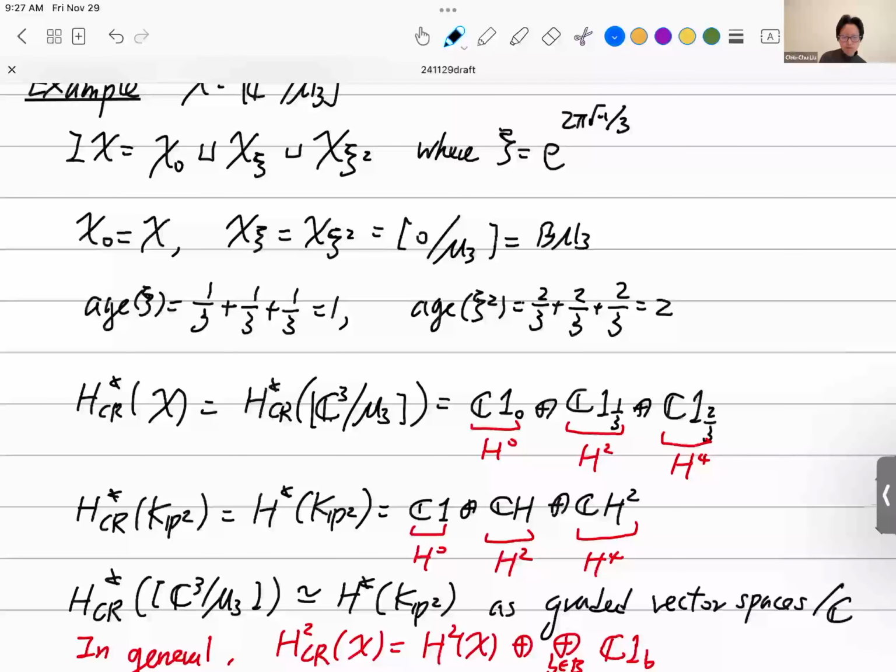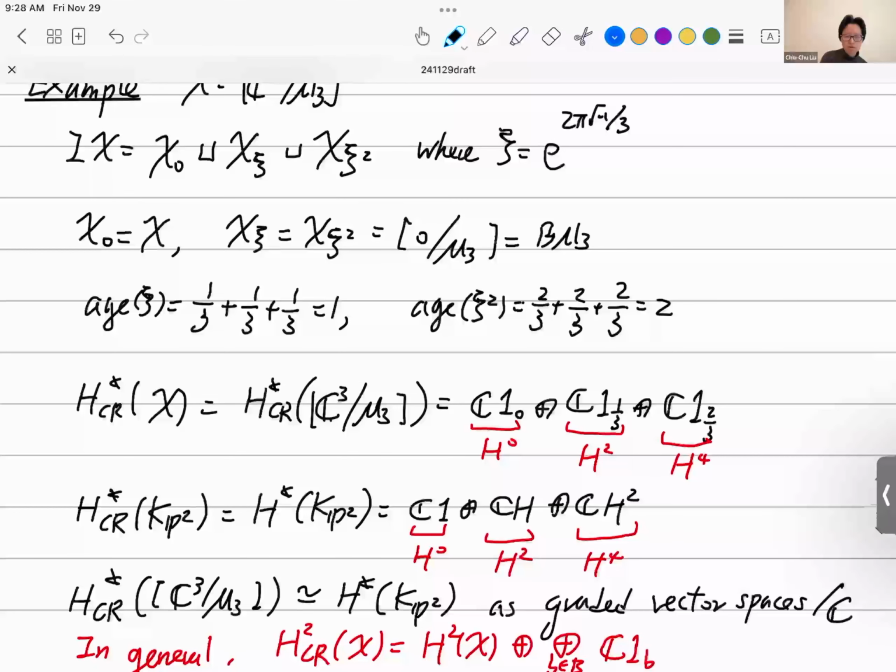If you have a toric Calabi-Yau threefold which is a toric crepant resolution of the coarse moduli of some toric Calabi-Yau 3 orbifold, then their Chen-Ruan cohomologies are isomorphic as graded vector spaces.